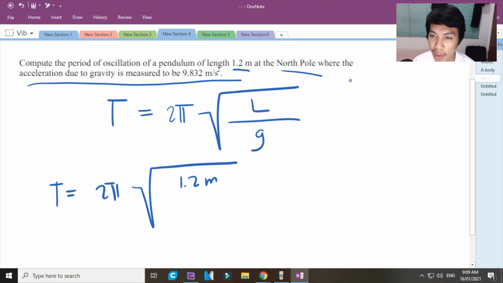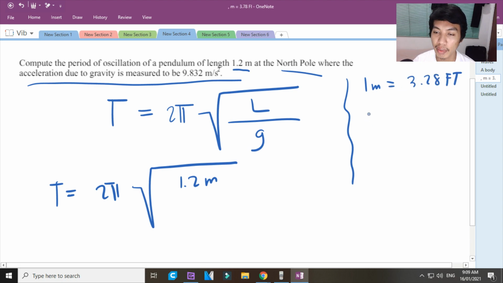Okay, magbigay ulit tayo dito. 1 meter is equal to 3.28 feet. Okay?